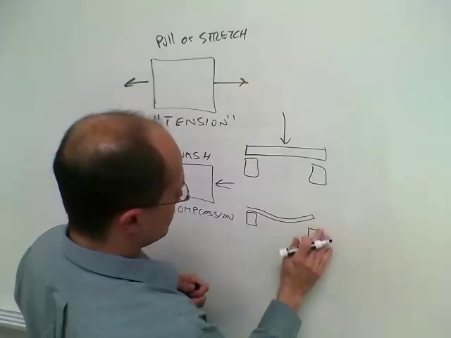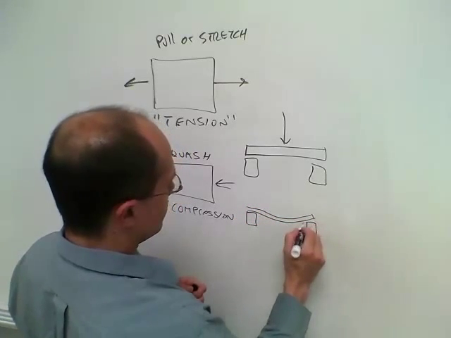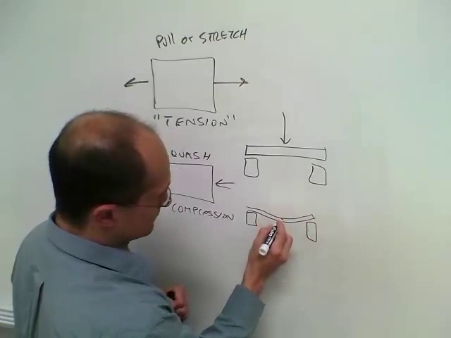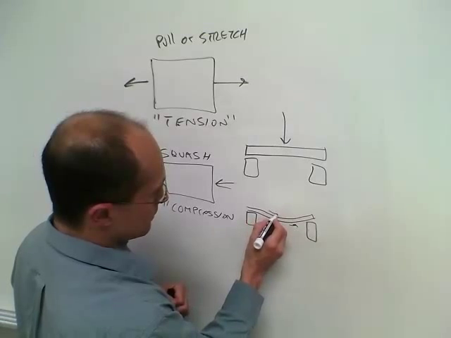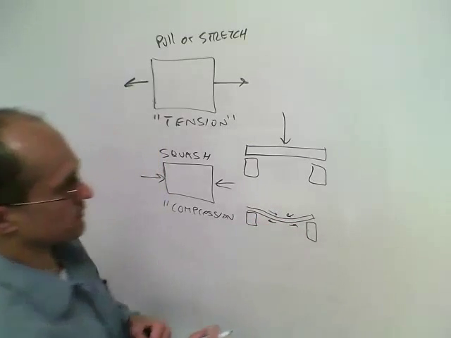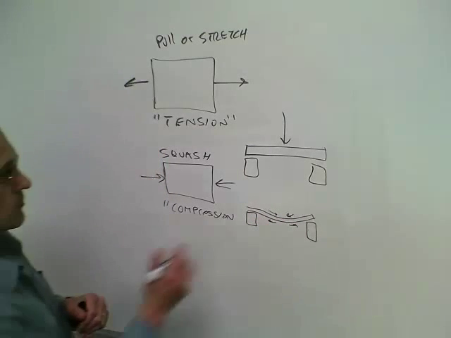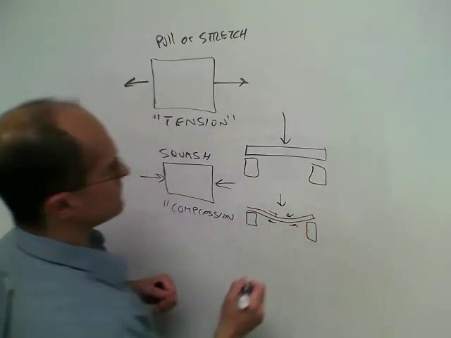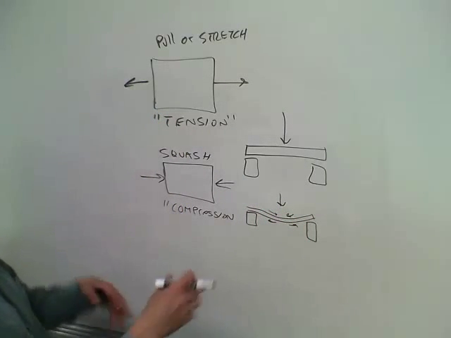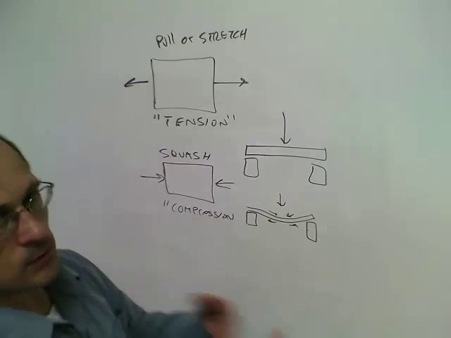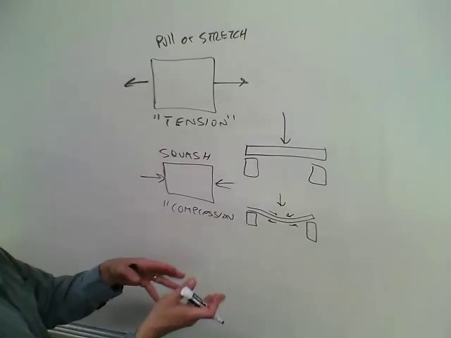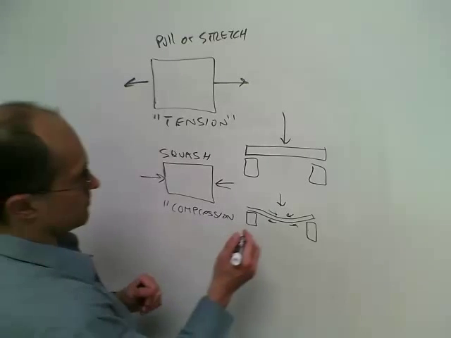The beam does something like this, and in this case now, the bottom is under tension, and the top is under compression. And so the idea is that whenever you start applying forces to things, you can have tension or compression, or sometimes both, in your system.